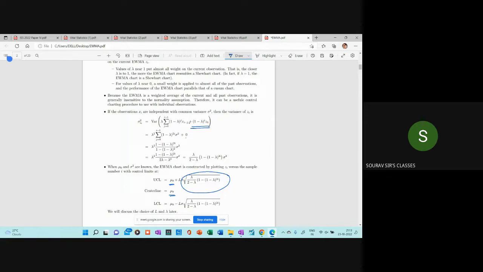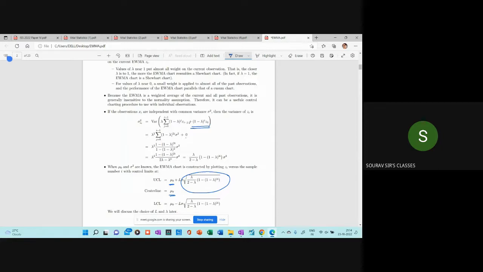Z naught is x double bar, because we know the variance of a plus b x, so a doesn't stand over here, so basically we will not get anything here. This is going to give me some lambda square into this thing, and ultimately after computing all the calculations, the variance of x(i minus j) is sigma square, and that is actually giving me this.